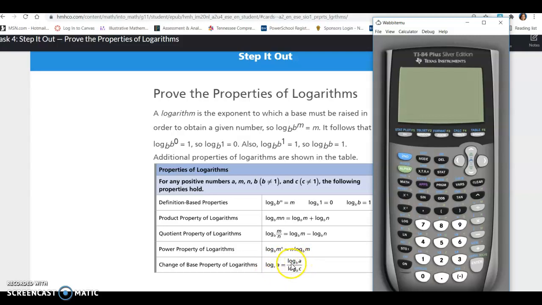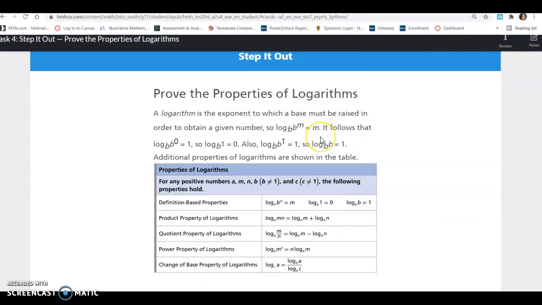Okay, log of a over log of c to use change of base using your base 10 power. Now you can use any base. They're showing base b. But usually when we do change of base, we're doing base 10, so we can change it using the calculator. All right, that's all we're going to look at from task 4. If you have any questions, please let me know.